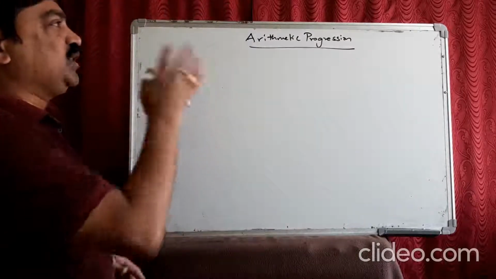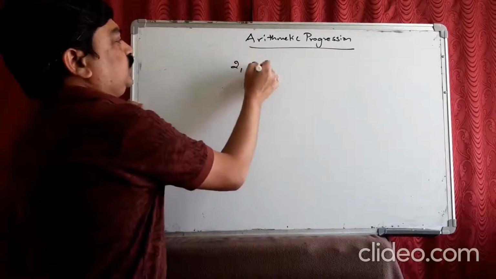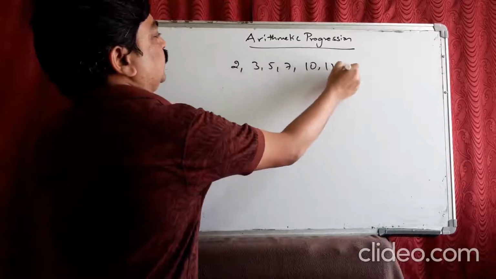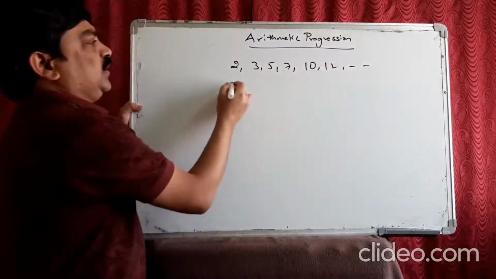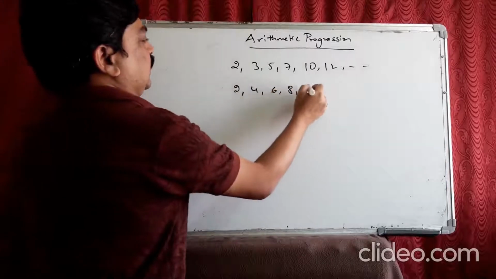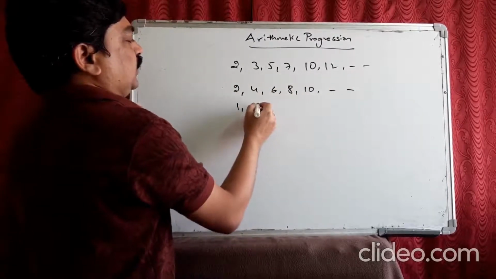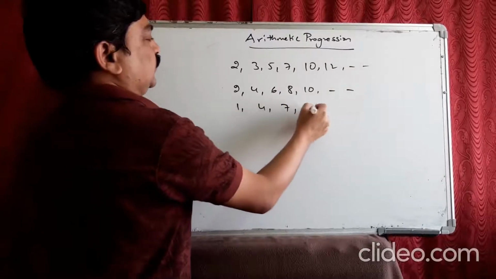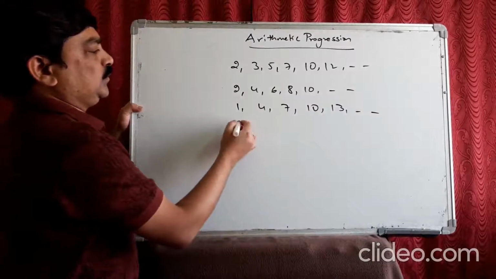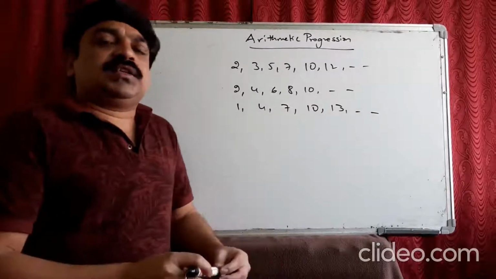Okay. See, what is the progression actually? You will have some series of numbers, something like this. These are the series.